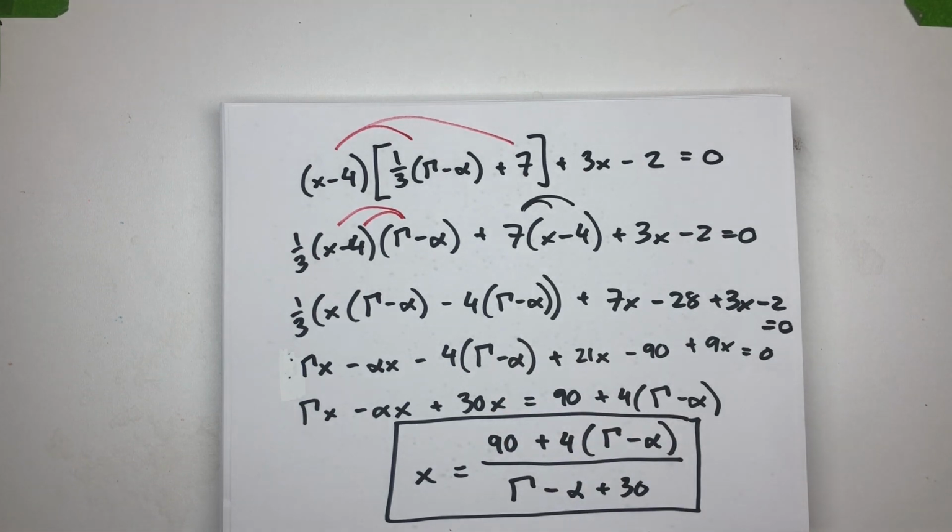Okay, and then I multiply everything by 3. So that applies to everything from here onwards. Yeah, looks about right. That looks pretty good, right?